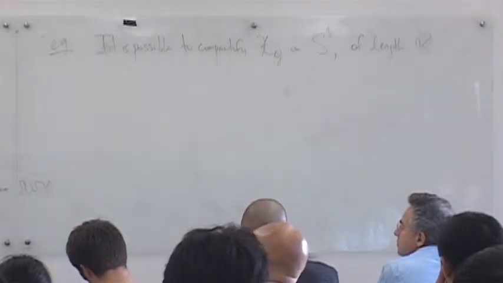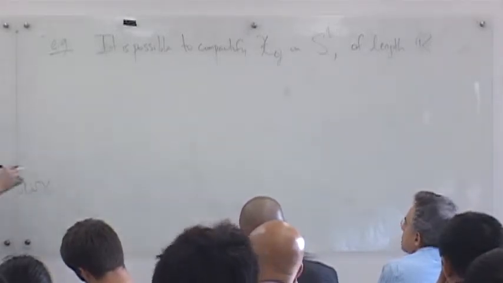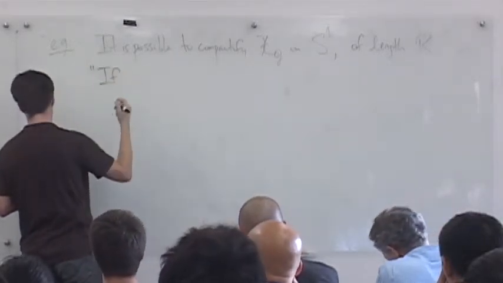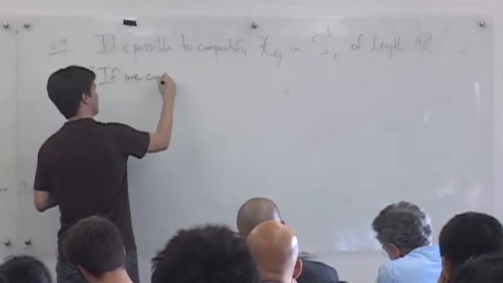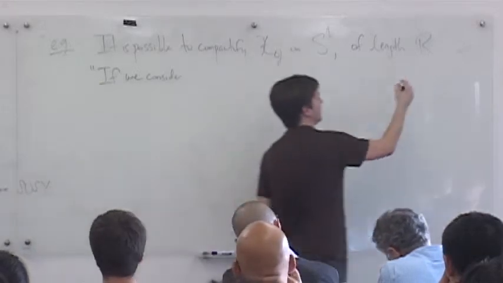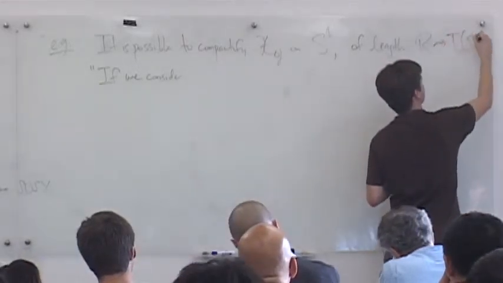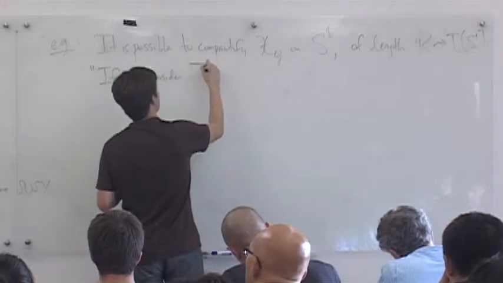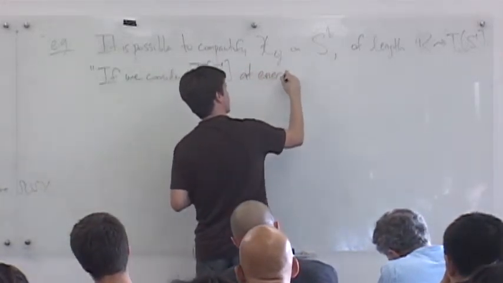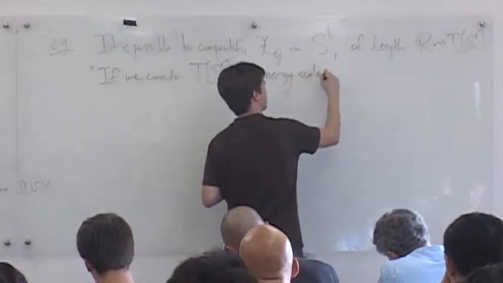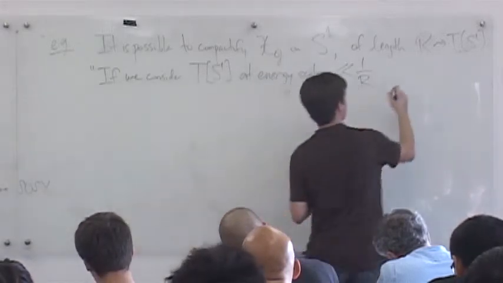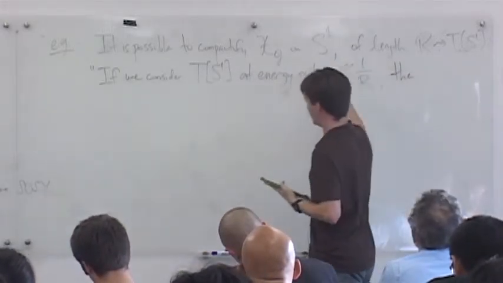On the other hand, now you can do the following thing. This next sentence, I'm going to put in quotes. We got here some theory which I'll call T of S1, in keeping with my notation. Suppose we consider T of S1 at energy scales much less than 1 over R. I'm going to amplify a little bit what this means.